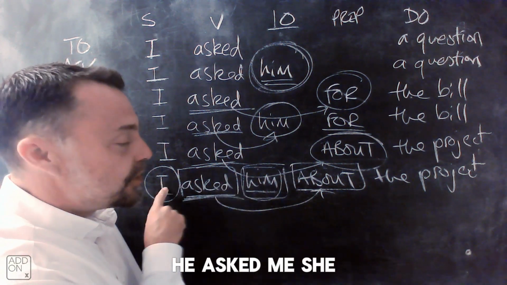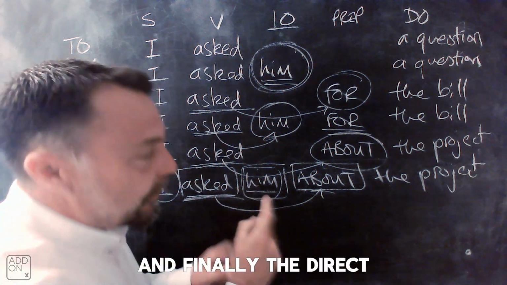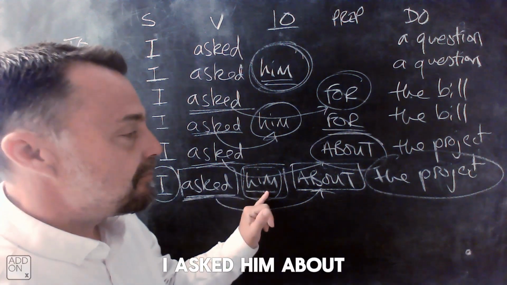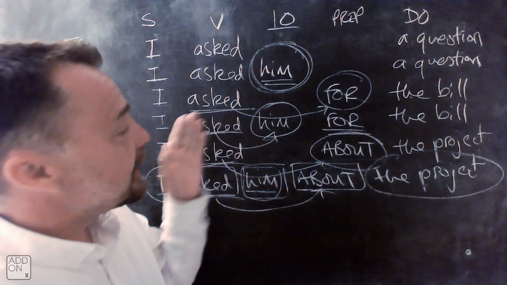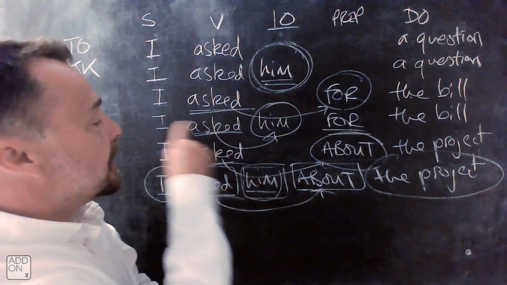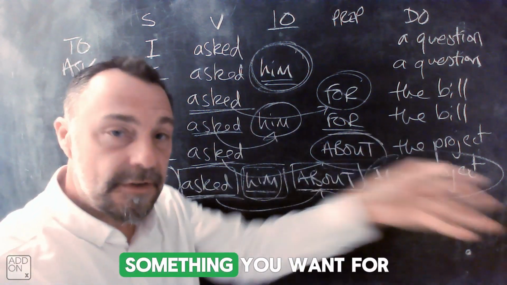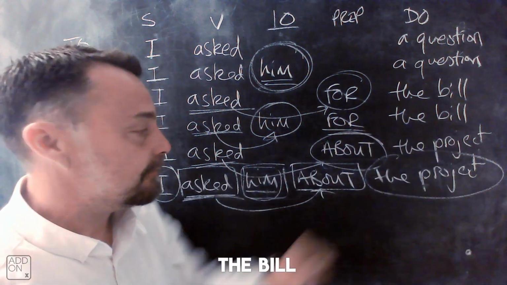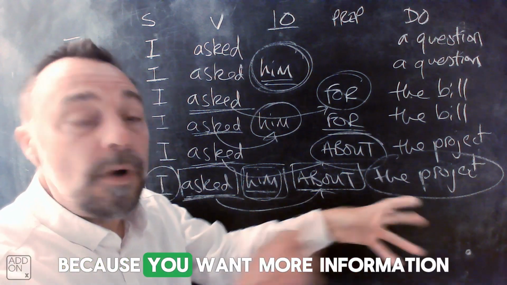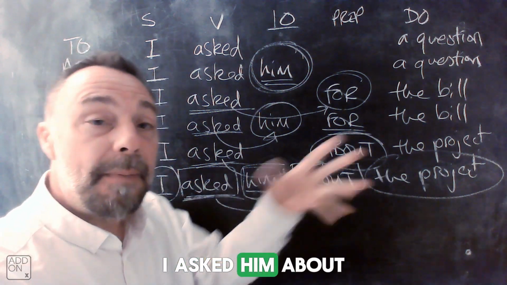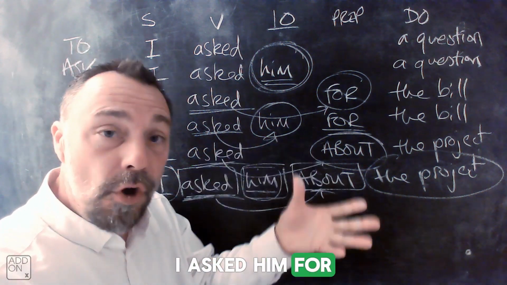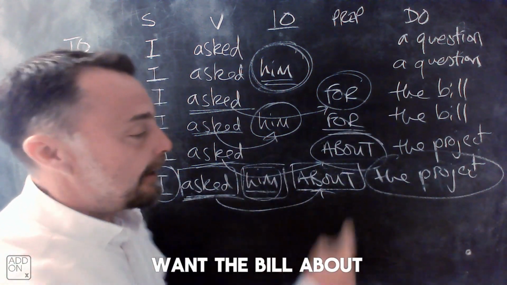He asked me. She asked them. And finally, the direct object at the end. I asked him about the project. If you change the preposition, you change the meaning. I asked him for something you want, for the bill. I asked him about the bill. It's possible also because you want more information. I asked him for the bill because I want the bill. About and for.